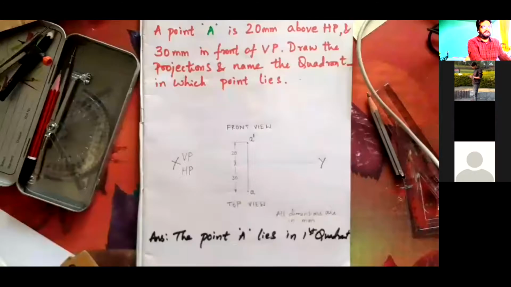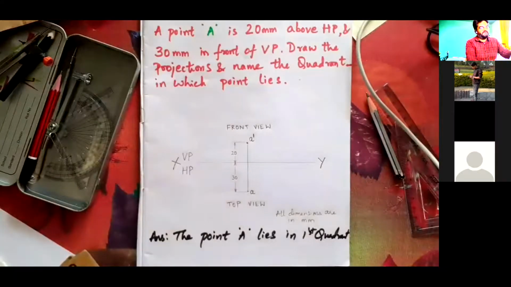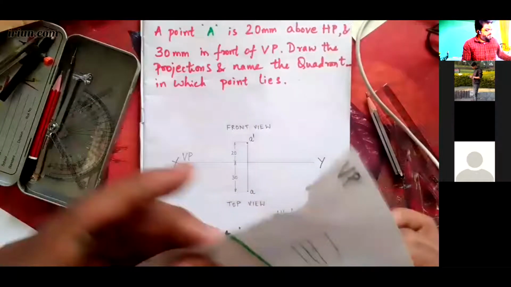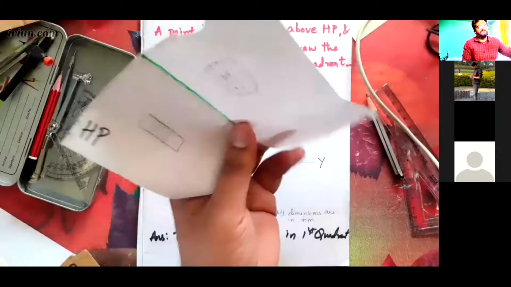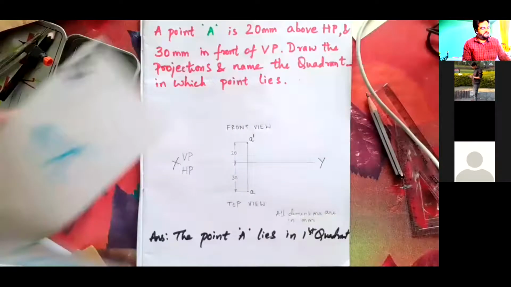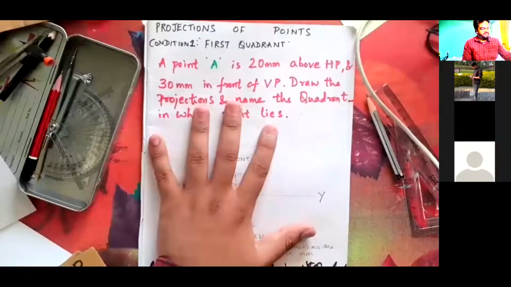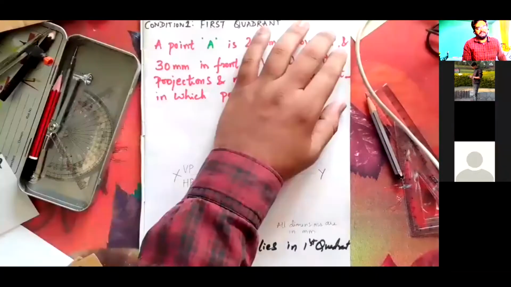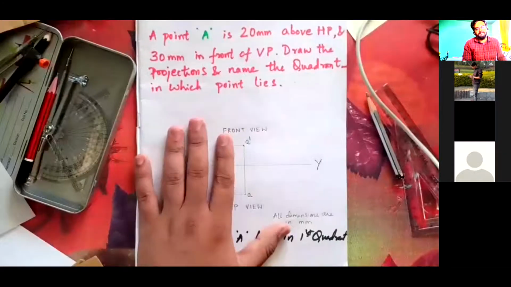Forget about all these things. This is an example for what other objects and other cases will be there, like TV or any other object you consider. For the first problem, projections of points in first quadrant, if this is the question, this is the answer you are supposed to write. This is the final answer that you are supposed to write.